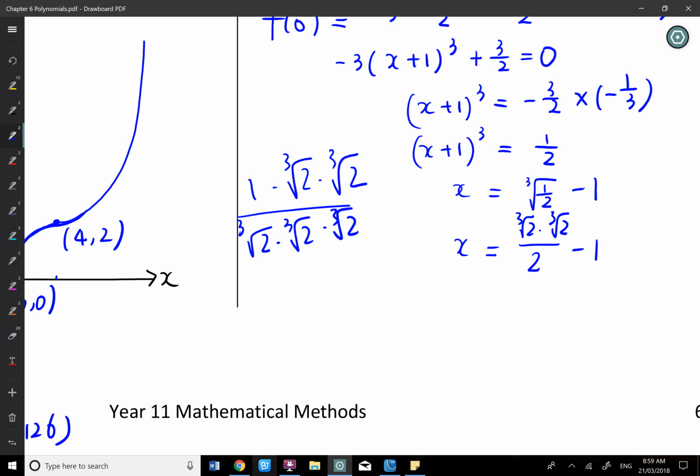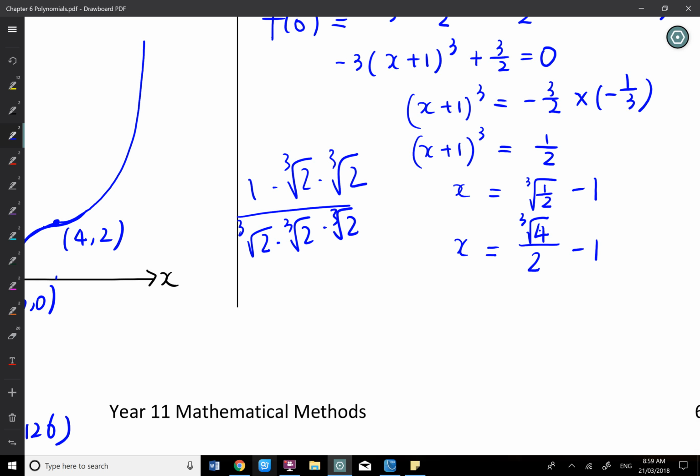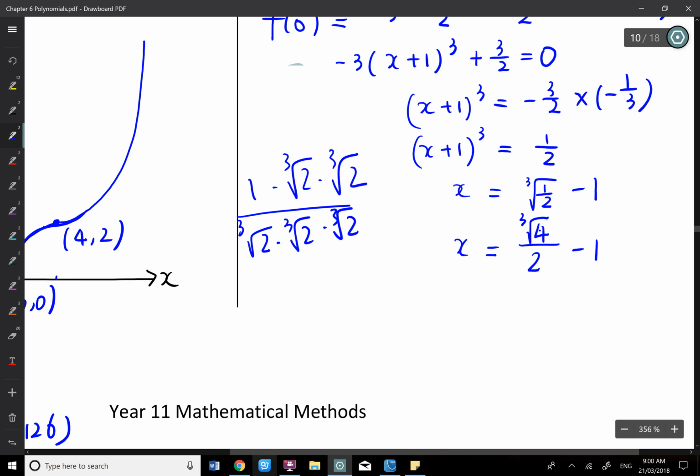That's actually a cube root 4. You times them together like square root. It's exactly the same calculation as a square root: square root a times square root b is square root of a times b. So that's the number.